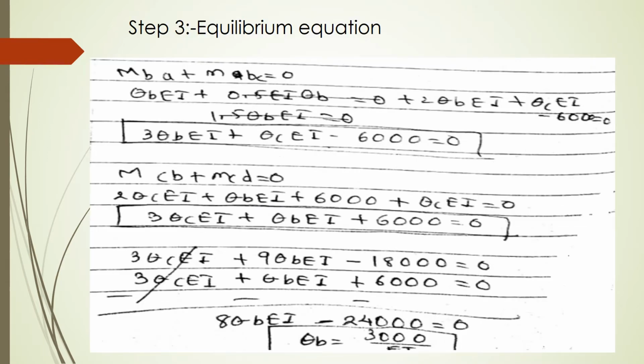After this, the next step is to apply the equilibrium equation at the joint. So at joint B, the equilibrium equation is MBA plus MBC equals 0. So this is one equation.